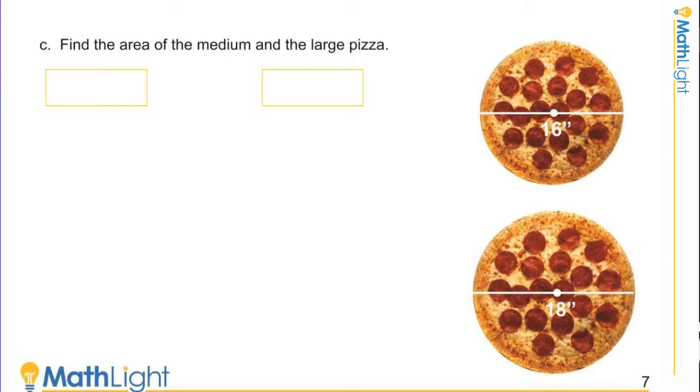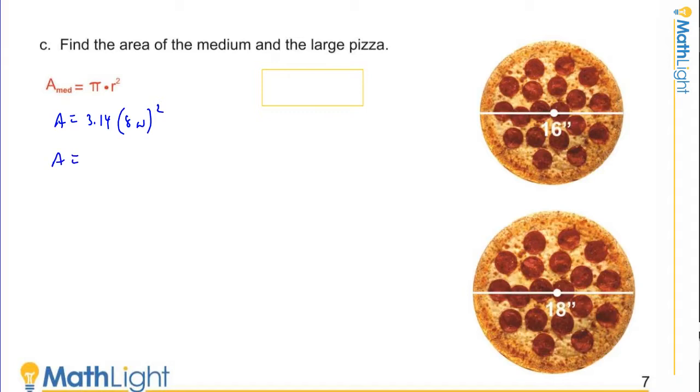Well, let's find the area. Start with a formula. Area of the medium, pi r squared. Let's go ahead and run the formula here. So 3.14, and again, we're given a diameter. A 16-inch pizza definitely doesn't have a 16-inch diameter. It's an 8-inch radius, so 8 inches squared.